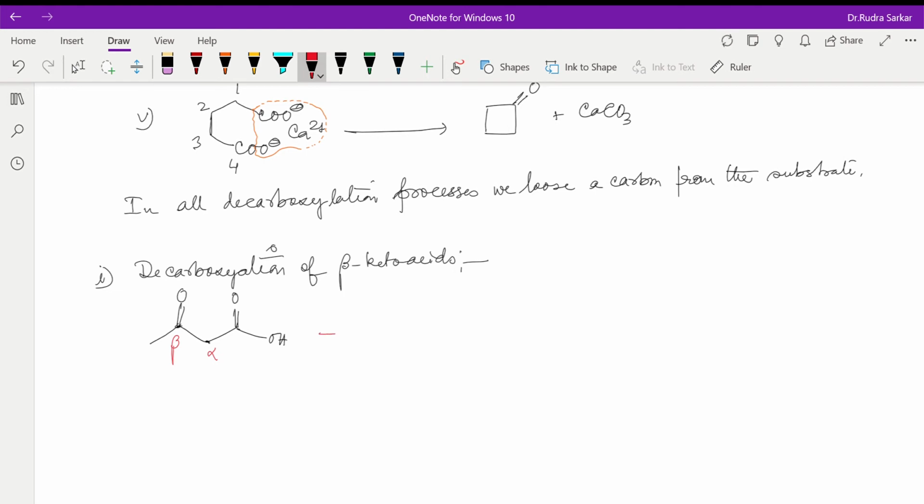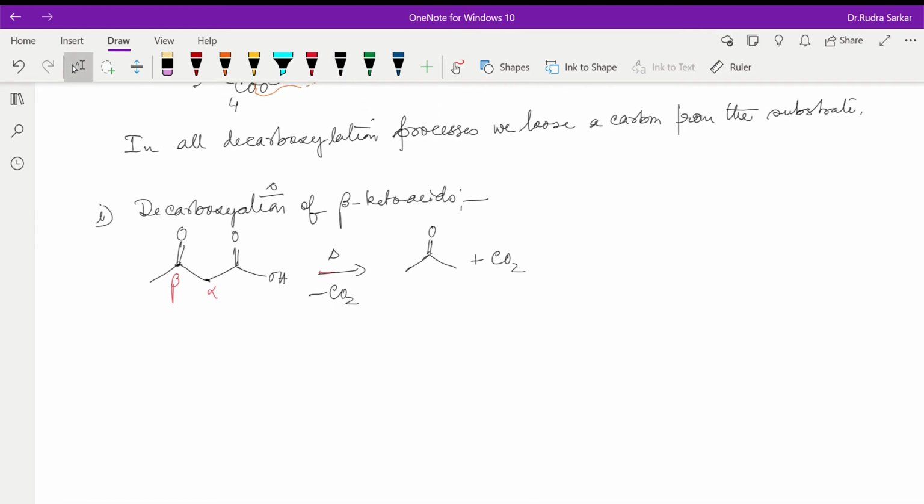If you heat this molecule, then also decarboxylation happens and leads to the formation of a ketone. The mechanism for this process is as follows.